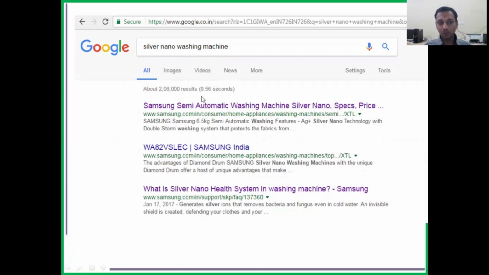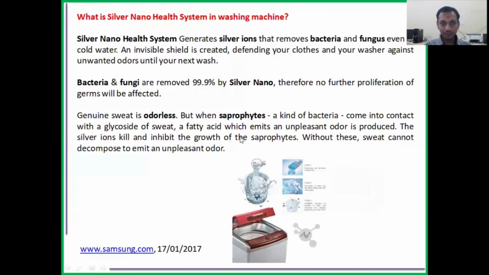If you search Google for the Samsung semi-automatic washing machine, silver nano, it comes up. This is from the Samsung website in 2017: bacteria and fungus are removed 99.9% by silver nanoparticles. Therefore, no further proliferation of germs will occur. They also tried for that, and the product is there.